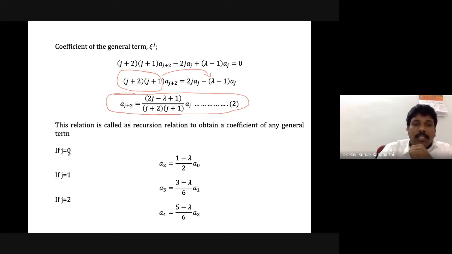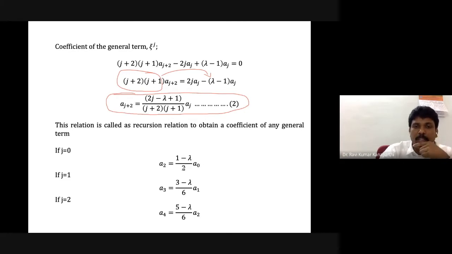Let's say j is equal to 0. Then a_2 can be calculated, isn't it? If you substitute j equal to 0, it is (1−λ) divided by 2 multiplied by 2, and a_0.